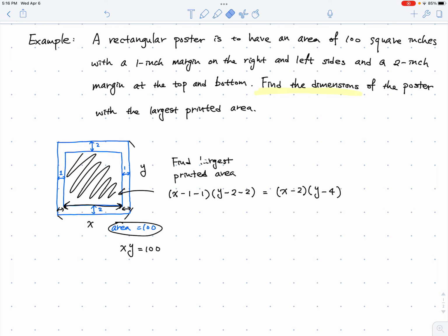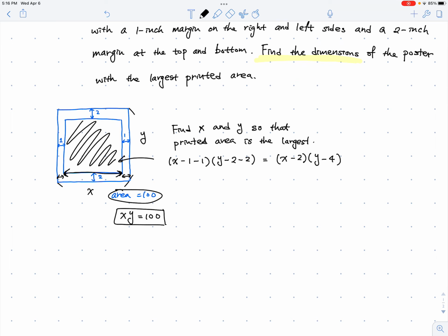So maybe let me just change this. Find x and y so that the printed area is the largest, while you have x times y equal to 100.